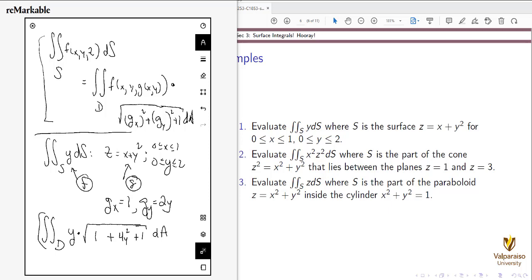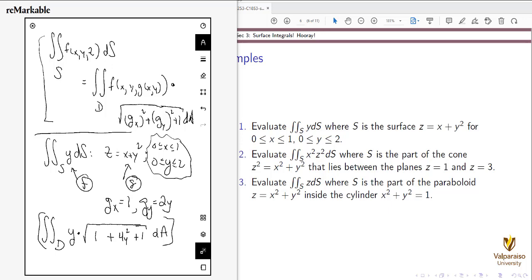And here we have a garden variety double integral, where we're doing a double integral of this expanded function over this rectangle. Now that's going to have constant limits of integration.